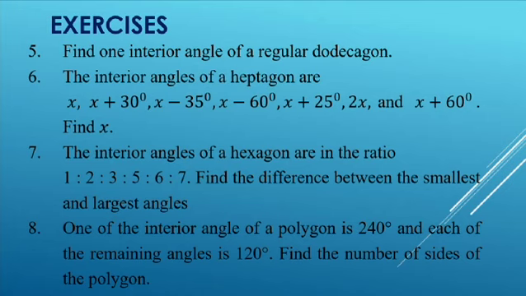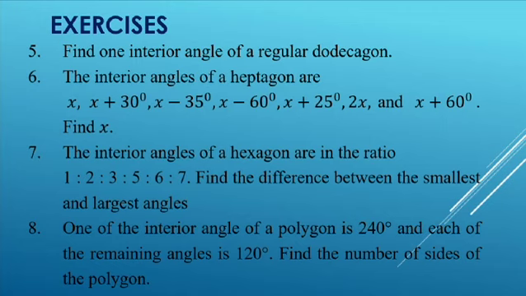Question 6. The interior angles of a heptagon are x, x plus 30, x minus 35 degrees, x minus 60 degrees, x plus 25 degrees, 2x, and x plus 60 degrees. You need to find x.